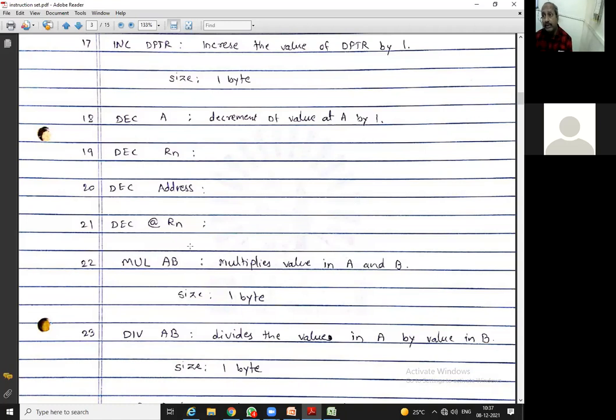Increment and decrement come under arithmetic operations. Keep it in mind, because it can be asked in MCQs, since sometimes it may get confusing whether it is logical or Boolean, or comes under other categories. They are all arithmetic operations.